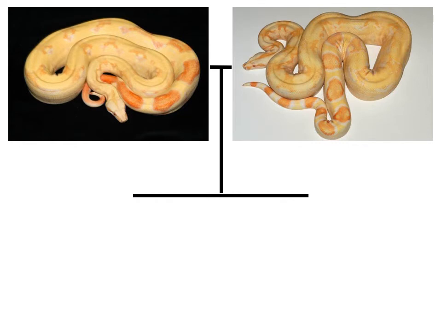And so a complementation analysis is a simple cross where we take these two snakes and breed them to one another. And this actually happened. I gave you the example of these albino boa constrictors selling for a lot of money. Well, there had to be a first one, and those first ones were discovered in the rainforests of South America.